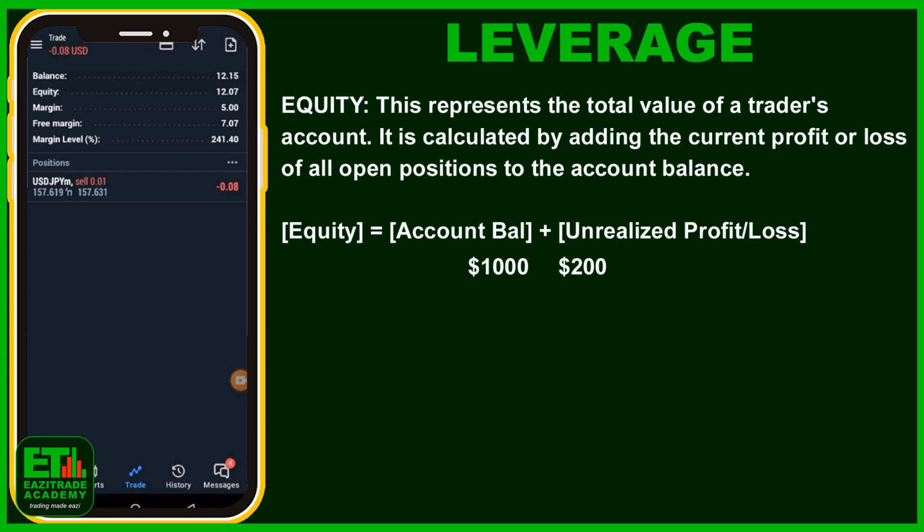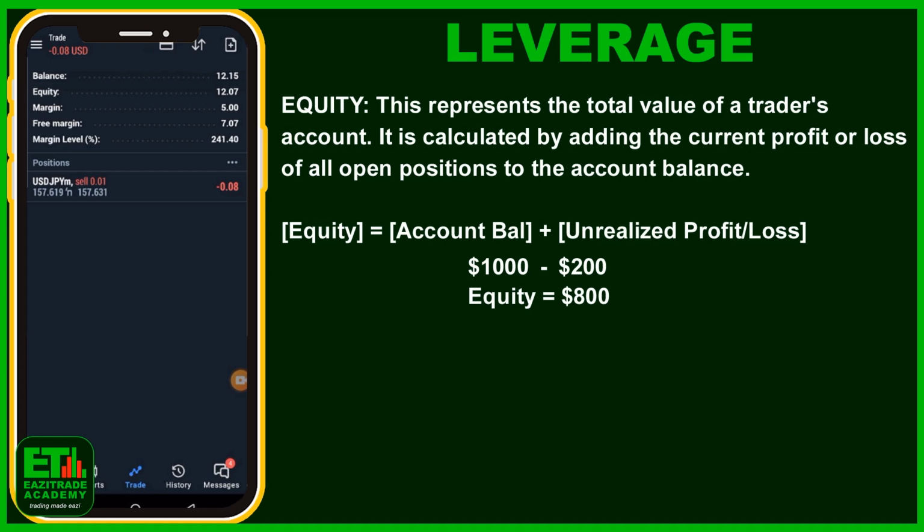If, for instance, the market goes against you and you are on a $200 loss, all you have to do is say $1,000 minus 200. That will be 800. That means your equity, your balance plus unrealized loss, is $800. So that's what equity stands for.